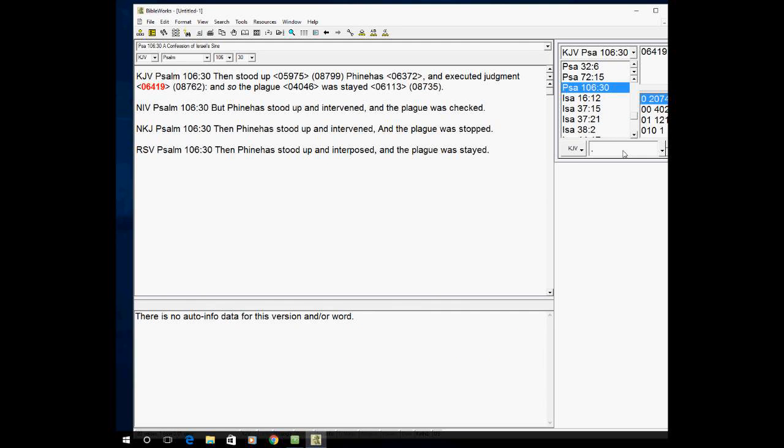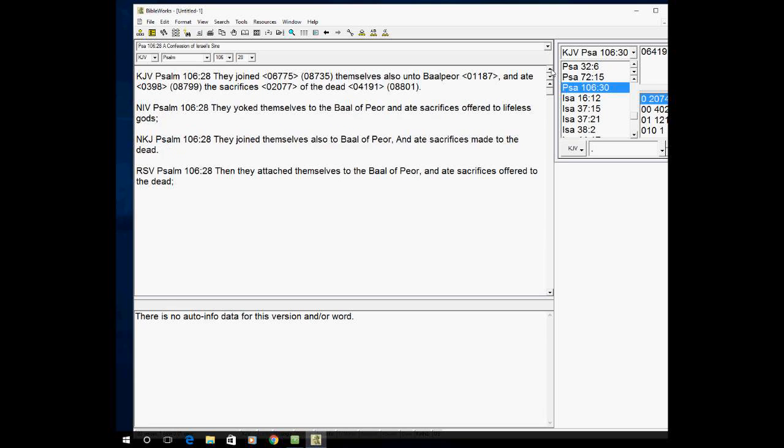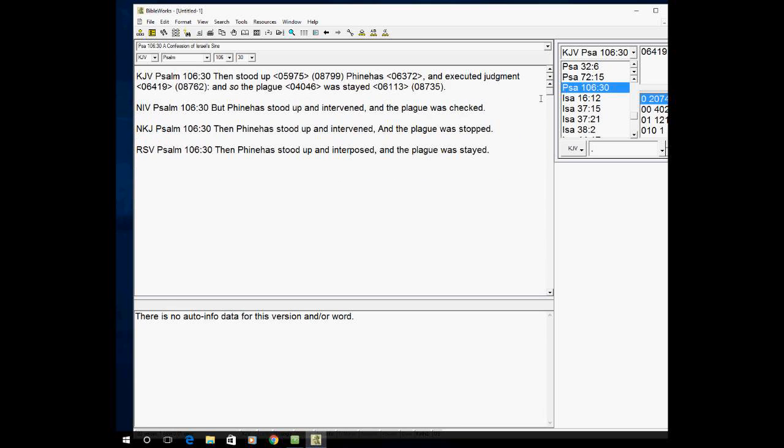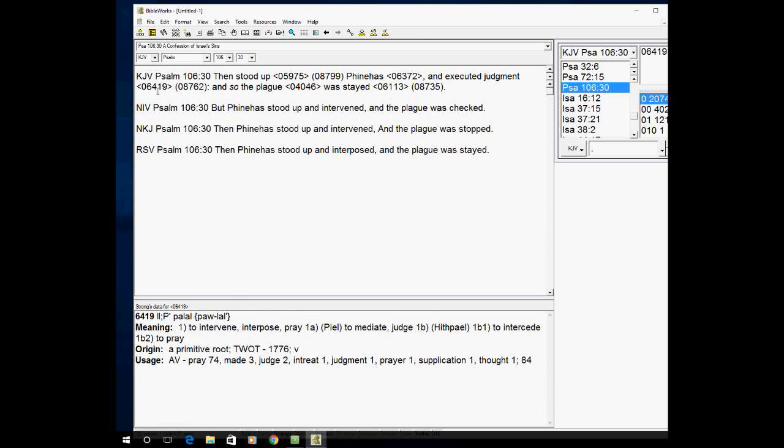All right. In Psalm 106, we are seeing the story about when Israel was going through the land of Moab. And they were sinning. And then we see Phinehas stood up and intervened, and the plague was checked. Now, the Hebrew word is the same as for prayer.